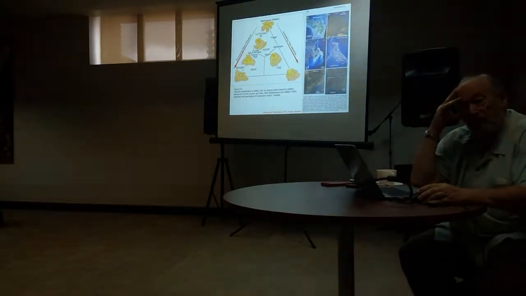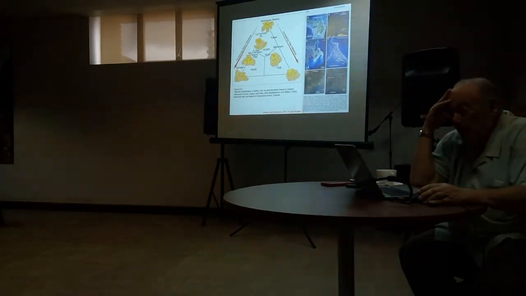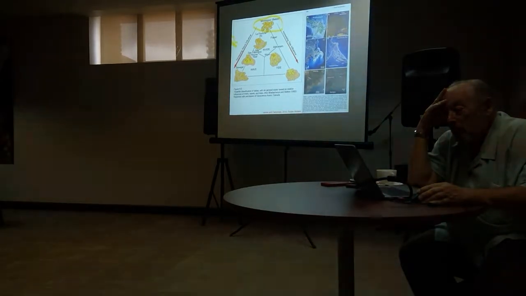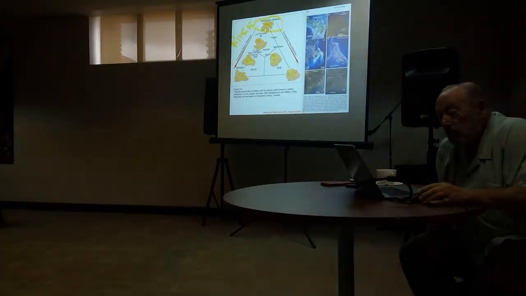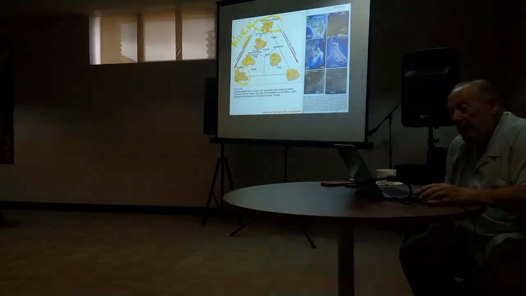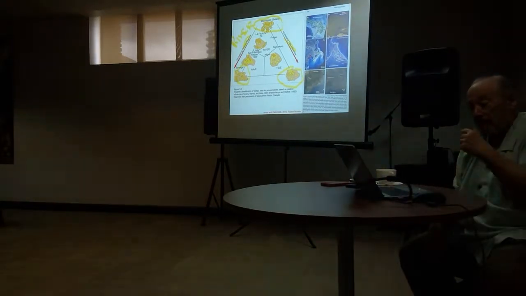It shows different types of end-member deltas on a triangular diagram, where you have what we call river-dominated deltas up there, what we would call wave-dominated deltas by ocean waves down at this triangle, and then tide-dominated deltas shown by that part of the triangle.